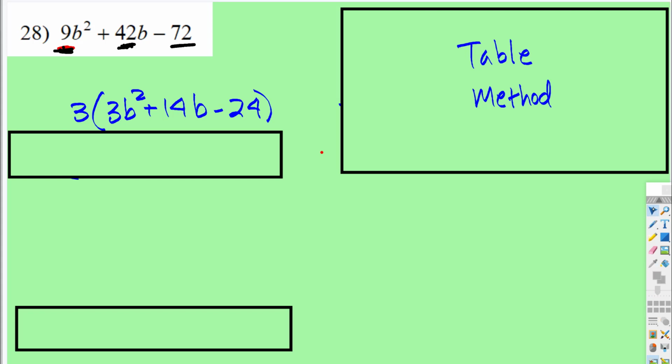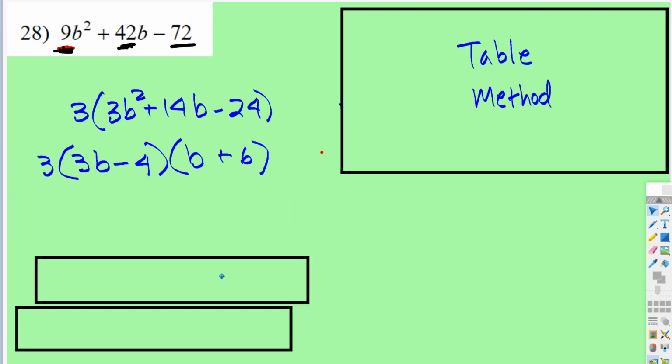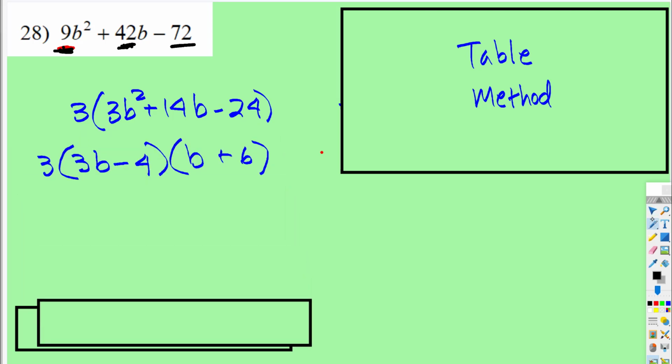The method that I learned when I was in high school is the method in the previous video, where you put two sets of parentheses, and then factors of the first term. So 3b squared could be rewritten as 3b times b, and then factors of negative 24 that add up to positive 14. Well, if you look at that, negative 4 and 6 do not add up to 14, but this is what you have to realize.